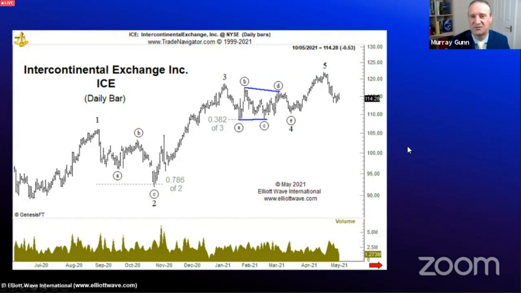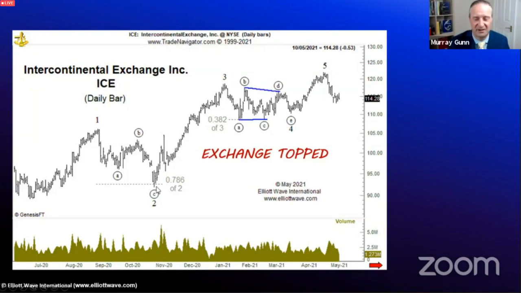So why is that important? Well, exchanges tend to top out in conjunction with general markets as well. And obviously exchanges do well as trading is intensifying, and they do not do so well when markets are in a bear market. So the exchange might have topped.